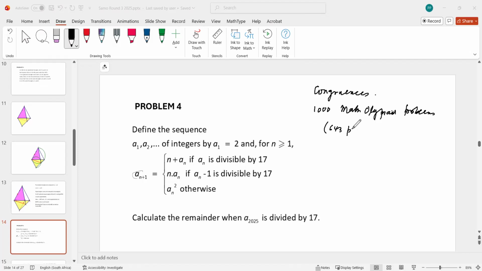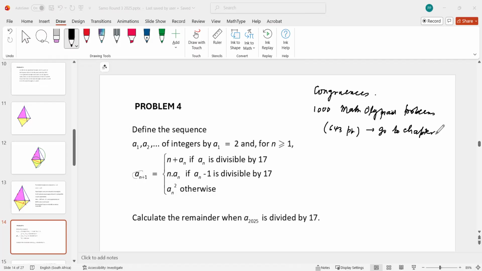It's got 643 pages. It's got 1,000 problems together with the solutions and a lot of lessons, which are useful to solve Olympiad problems. So the theory is also given. There's a whole chapter, I think, on congruences. So go to the chapter, and then you can read everything about congruence.